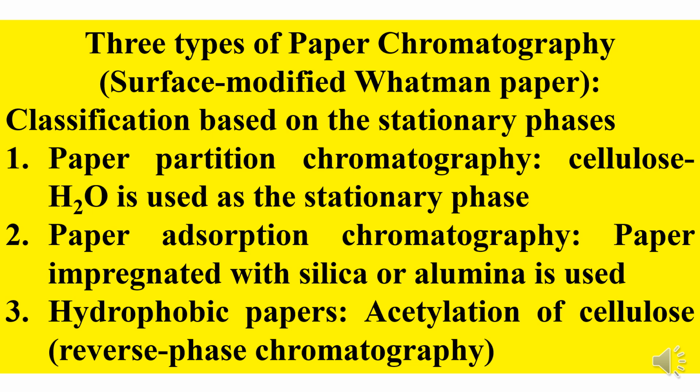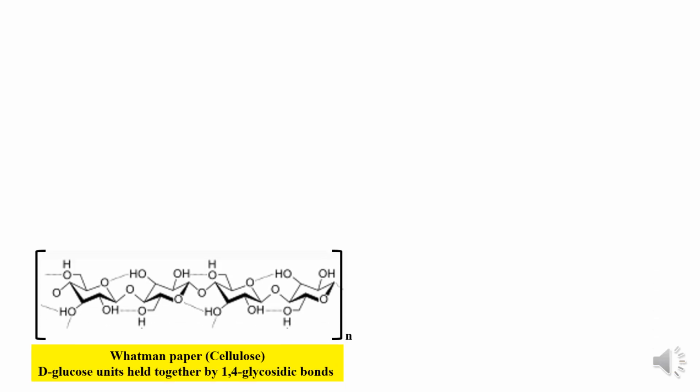And third is the hydrophobic fibers, which can be prepared by acetylation of cellulose, and that can be used for reverse phase chromatography. So Whatman paper is made up of cellulose, and cellulose is a polymer. It is a polysaccharide where the D-glucose units are held together by 1,4-glycosidic linkages.